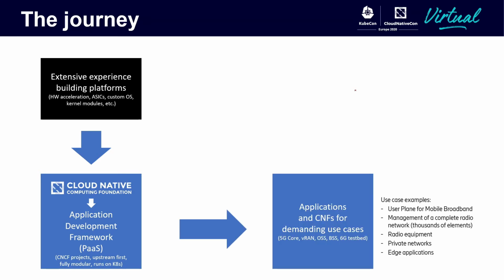So what are these demanding use cases and applications? Well, for 5G, if we look at the 5G core part, there is the user plane for mobile broadband, for example. Mobile broadband is basically all of the network traffic that goes through mobile phones.